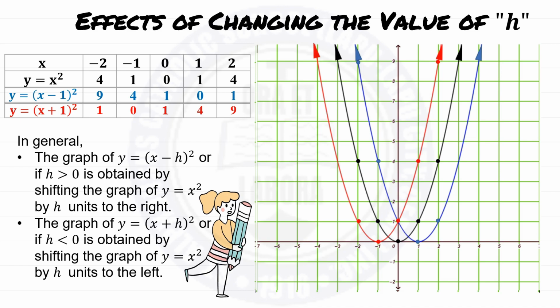Again, if the value of your h is positive, it is shifted h units to the right. The graph of y equals a times quantity x plus h squared, or if h is less than 0 or negative, is obtained by shifting the graph of y equals ax squared by h units to the left.